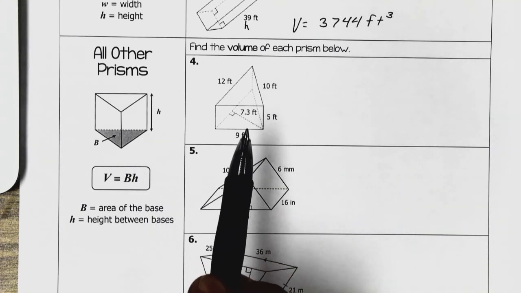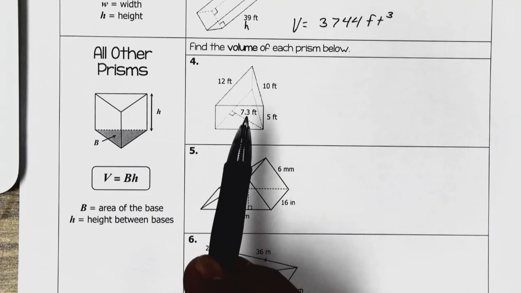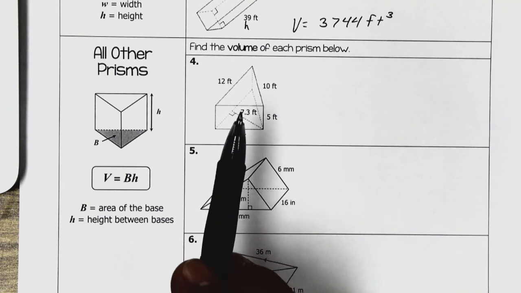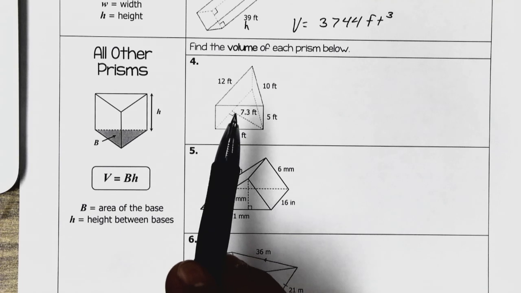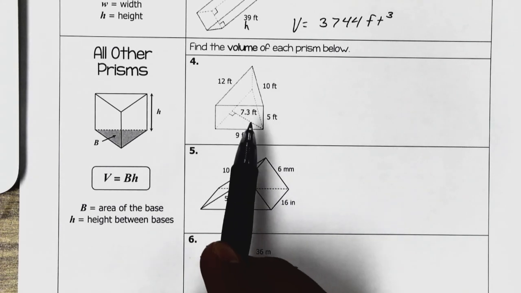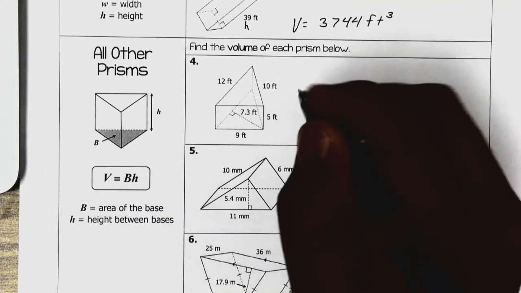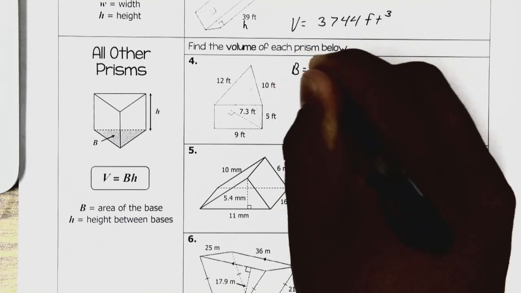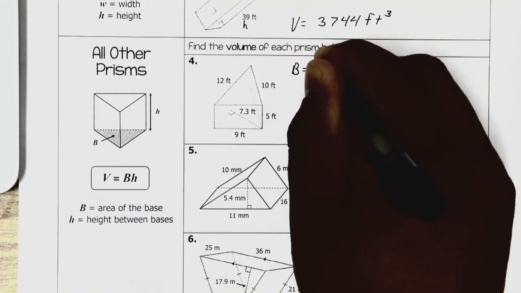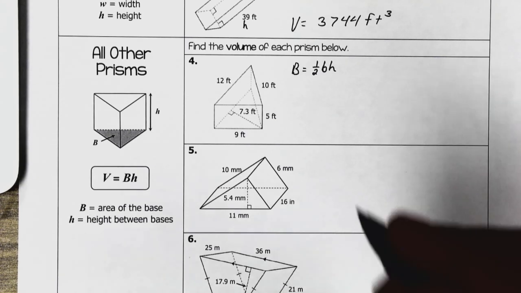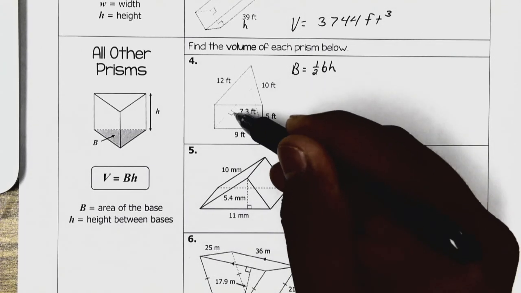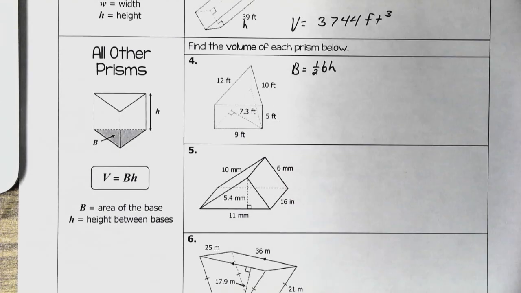So first, look at this figure. This is a triangle. So the first thing I'm going to do is get the area of the triangle. For a triangle, big B is going to equal 1/2 base times height. That's the formula for the triangle. The height of the triangle is this 7.3. Let me zoom in a little bit.